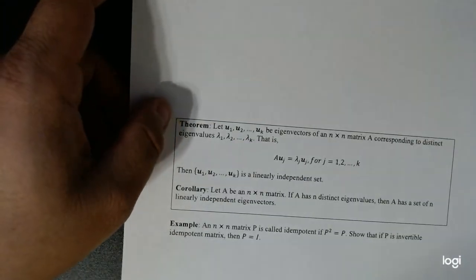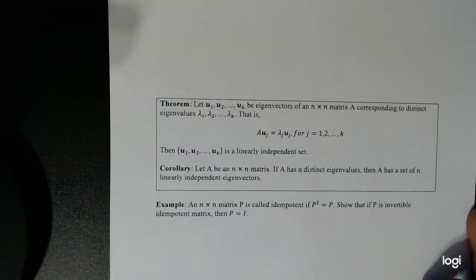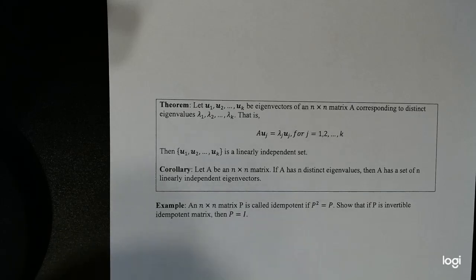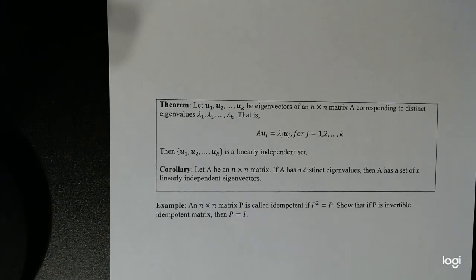All right. Last theorem and last example is connecting the two dots. The two major things that we talked about way back in the day are linear independency, and now it shows using matrix format what linear independency represents. Let u1 through uk be eigenvectors of an n by n matrix corresponding to distinct eigenvalues.